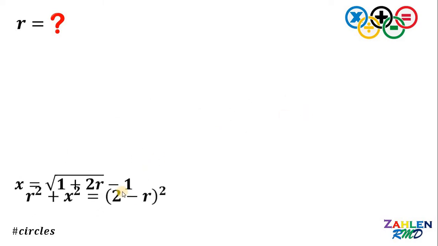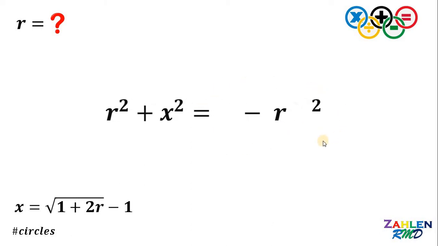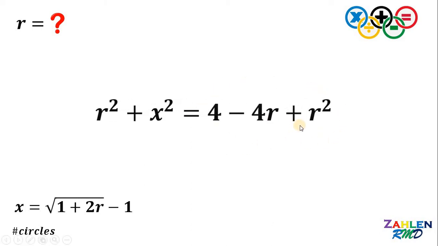Now let's get the second equation. So we have r squared plus x squared equals (2 minus r) squared. Now let's simplify the right hand side. This is equivalent to 4 minus 4r plus r squared. Again, if we subtract r squared on both sides, r squared on the left hand side and on the right hand side cancel out. So we have x squared equals 4 minus 4r.